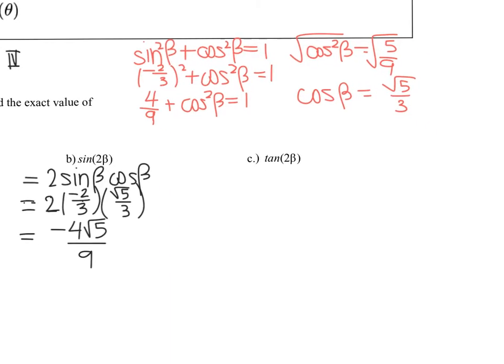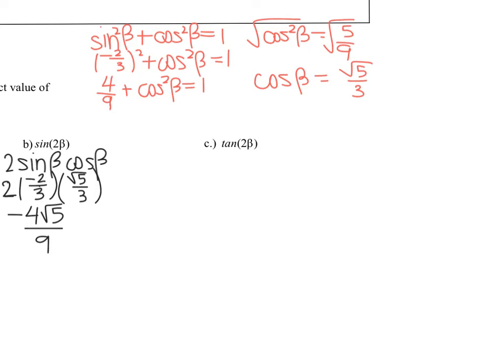So lastly, we want to take a look at tangent of 2 beta. The identity for tangent is 2 tangent of beta over 1 minus tangent squared of beta. Well, in order to find tangent, we know that tangent is sine over cosine.